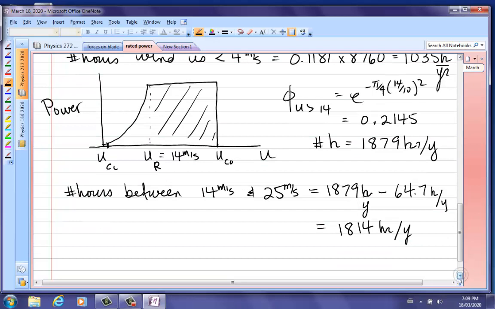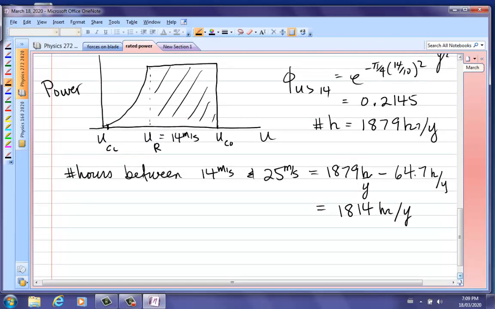Okay, and it says that at that rated power up here, this number would be 1 megawatt. And so the energy produced would be power times time. And so the power is 1 megawatt.